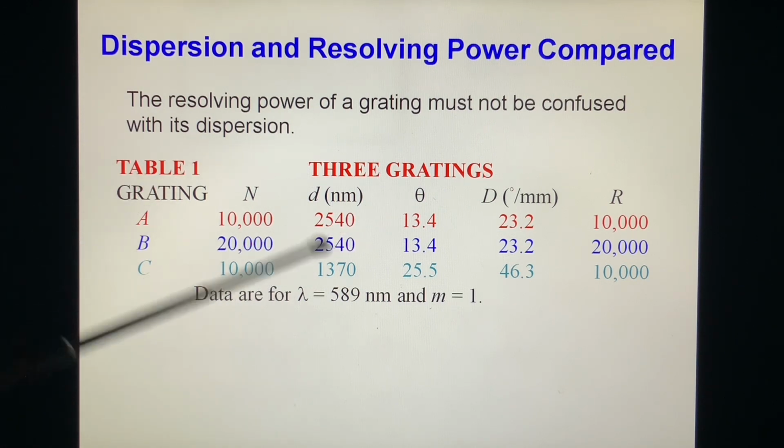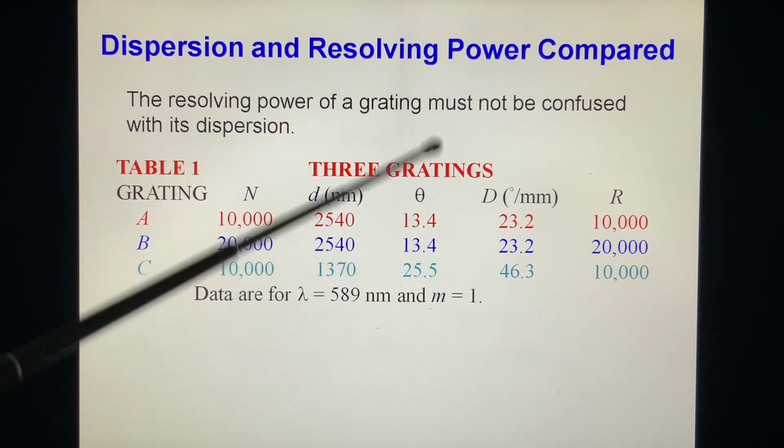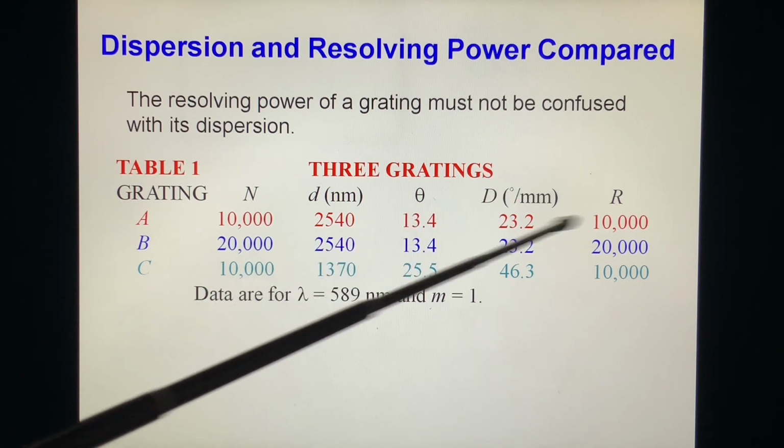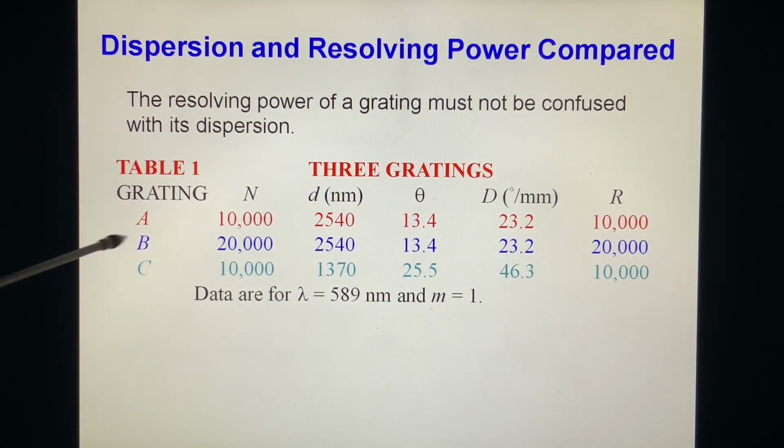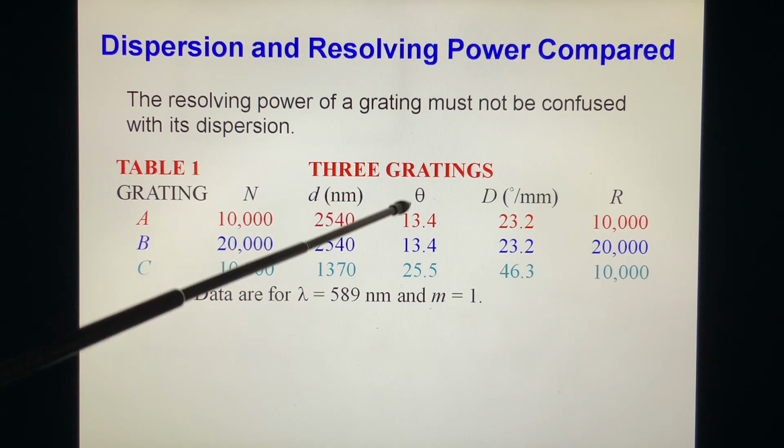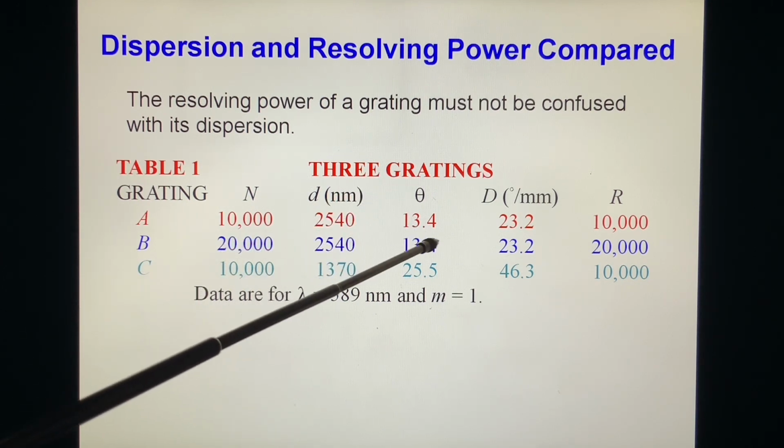The first maximum is at 13.4 degrees. The second grating, B, has N equal to 20,000, double, and d is the same as A. So the first maximum is at the same angle, 13.4 degrees.